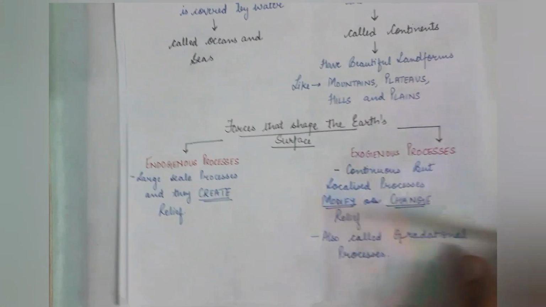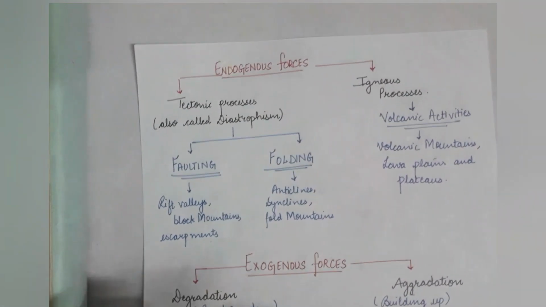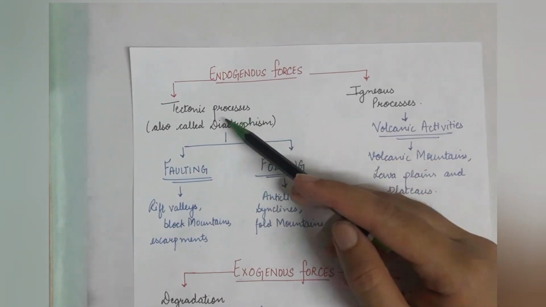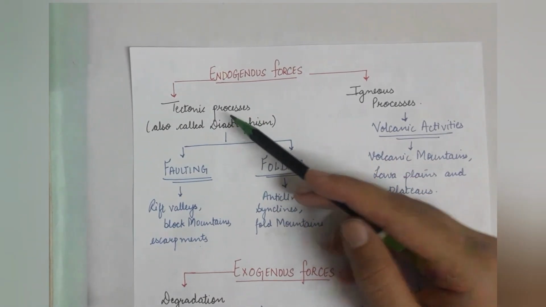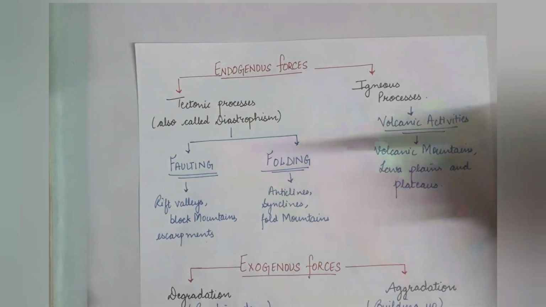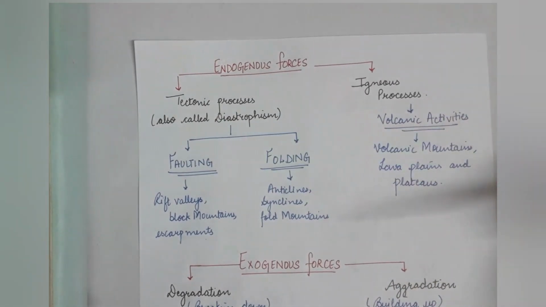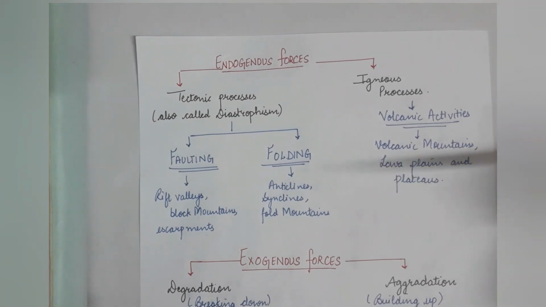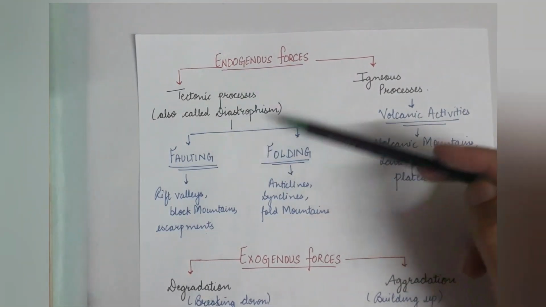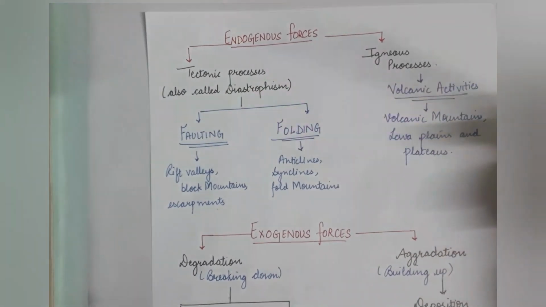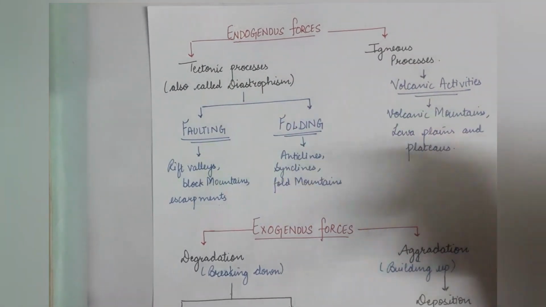Next we will be moving towards endogenous forces. As I have told you, the internal forces. The very first one is tectonic processes, the movement of the tectonic plates, also known as diastrophism. It is about the movement of the tectonic plates, faulting and folding. There are two types of processes, faulting and folding.